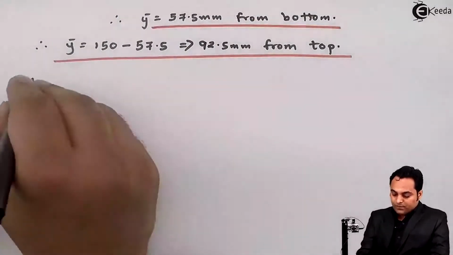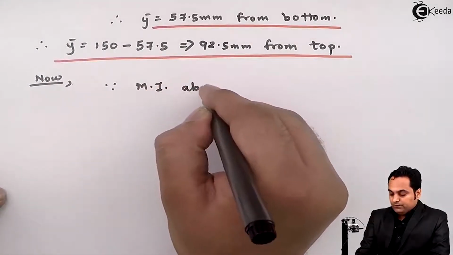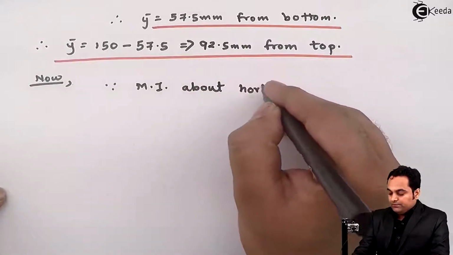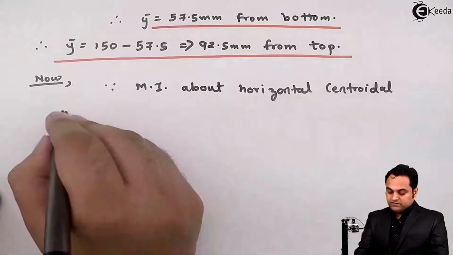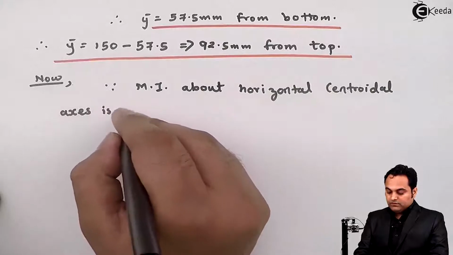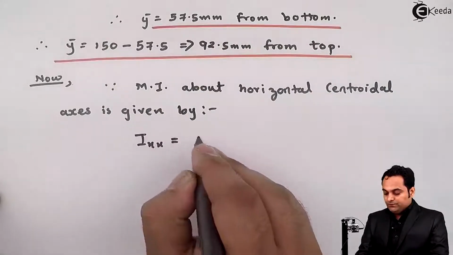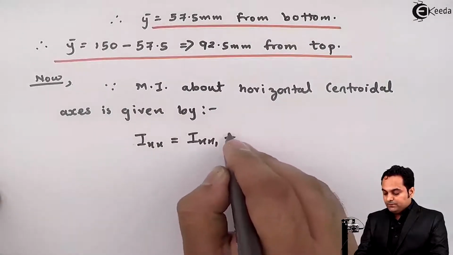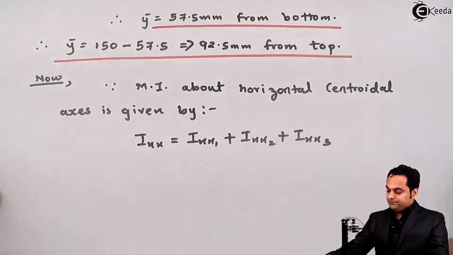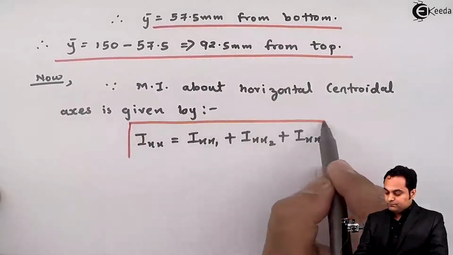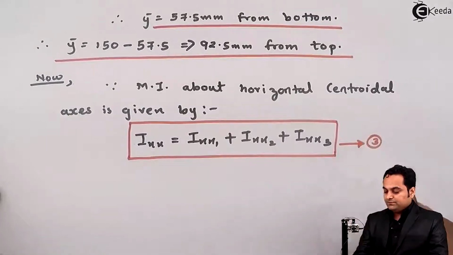Since the moment of inertia about the horizontal centroidal axis is given by Ixx is equal to Ixx1 plus Ixx2 plus Ixx3. Keeping this as the third equation.